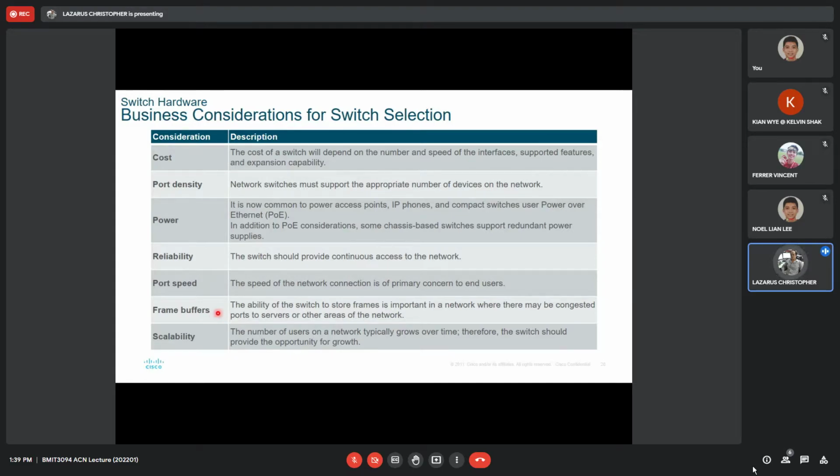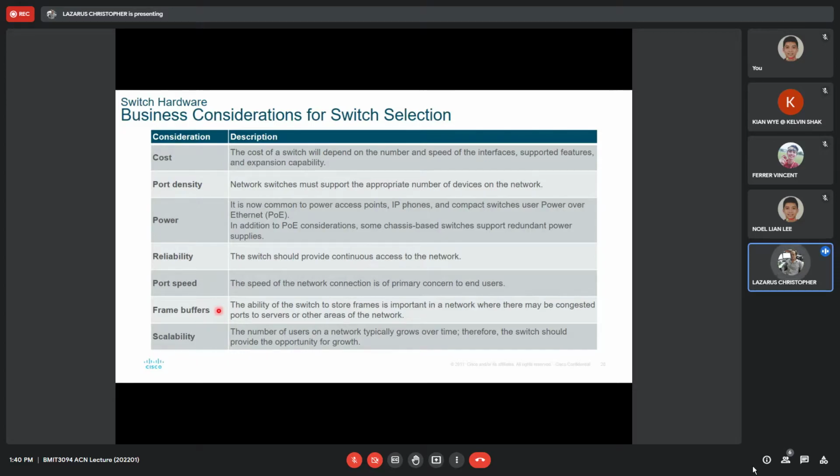Frame buffers are where the switch stores incoming frames. There are many different types of forwarding: cut-through, or you buffer first and check the FCS, or you forward straight away. The frame buffers affect that possibility.